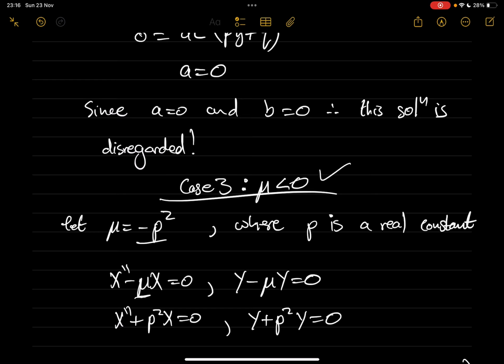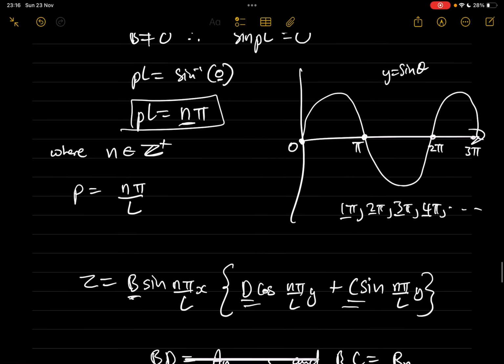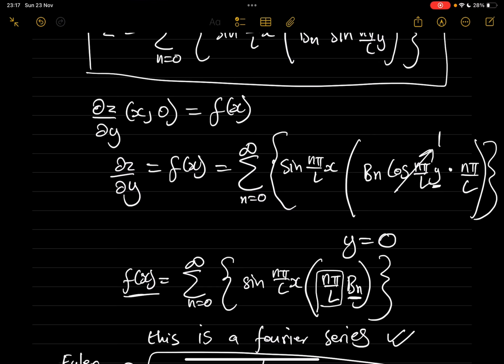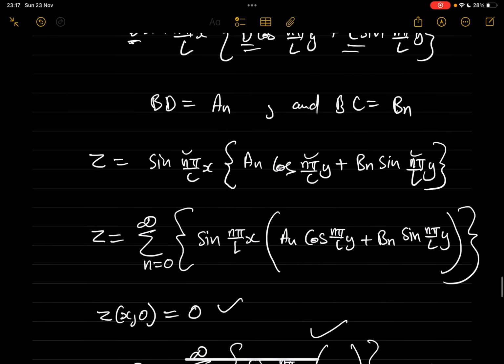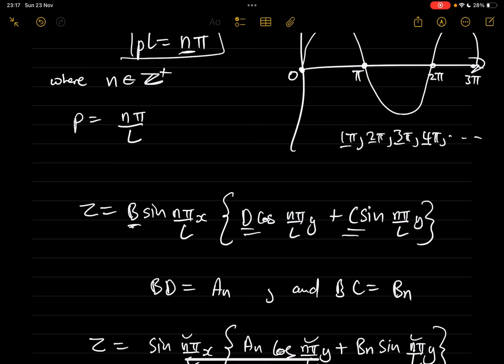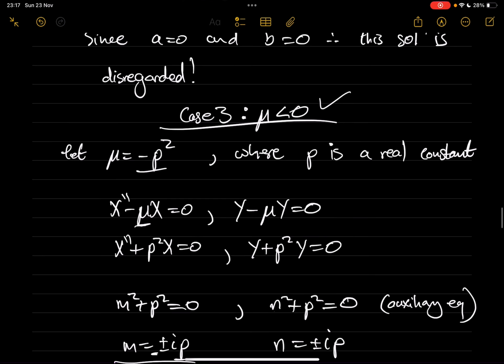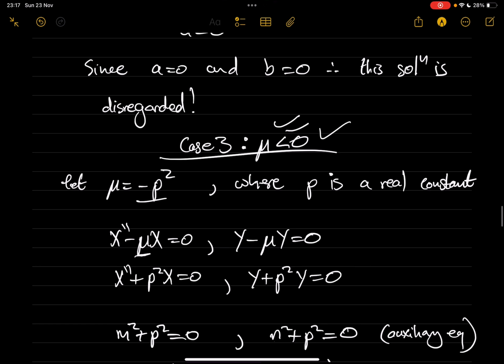We just discussed the 3 solutions, and we've got that the third solution, after further evaluation using the Fourier series, gives the value of Bn, one of the constants, and that tells us that it cannot be disregarded, and mu less than 0 is defined. So now this is basically it.